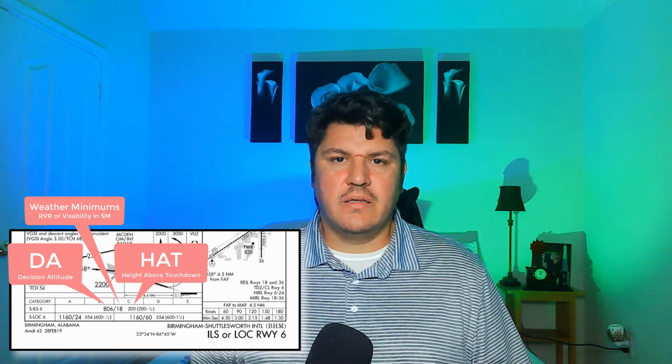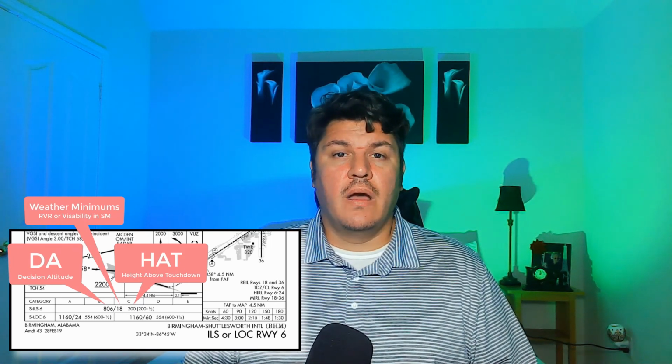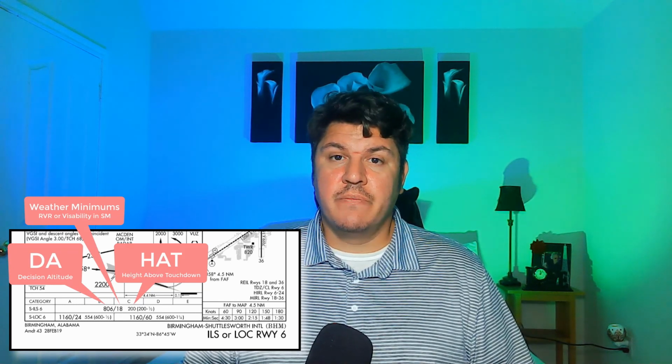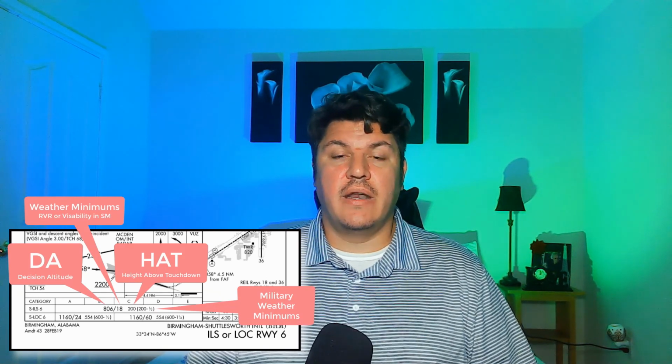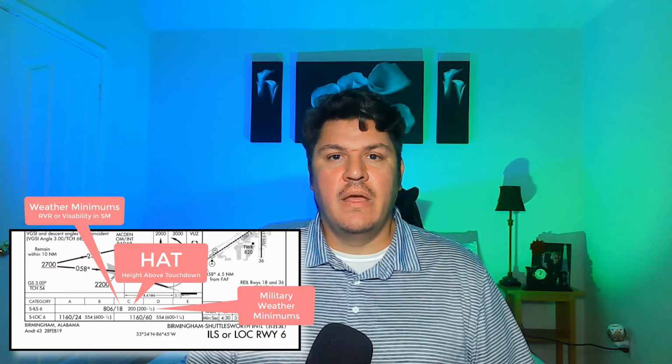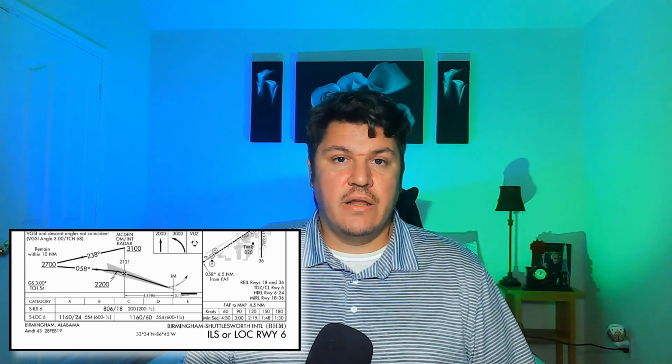We won't really quite touch into that on this particular one. The last number, the 1 in parentheses, is for military, so reference military regulations for these. These are not for civil pilots. So again, 806 minimum decision altitude, we need at least 1,800 RVR to execute this approach, and we're going to be 200 feet above touchdown elevation when we reach 806 feet.